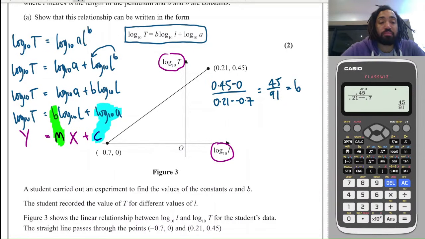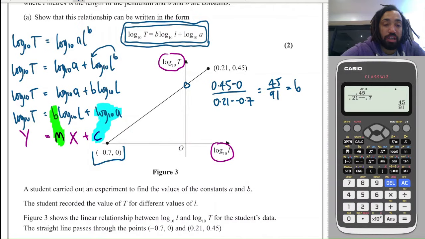Now, I don't have a y-intercept, which would have been helpful, but I do have the equation of the line here, so I'm just going to use that to work out log a, because I know that the equation of the line is satisfied by one of these points. So let's use this one because there's a 0 in it, making it easier. So the log t value, or the y value, is 0.